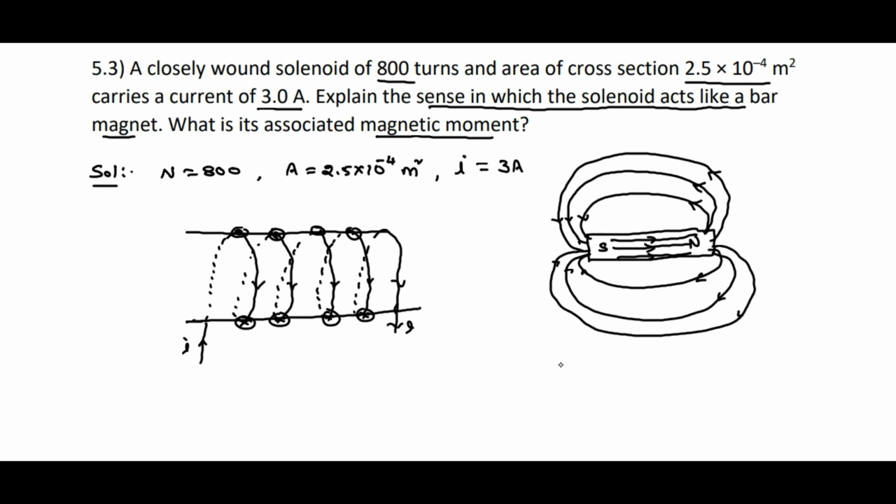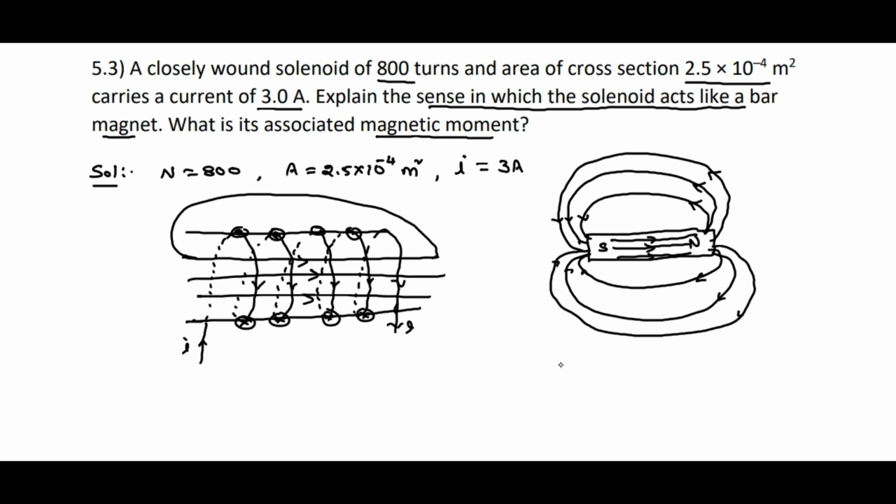If you observe with the help of the right hand thumb rule, the magnetic field will be like this, and outside it can be formed like this.